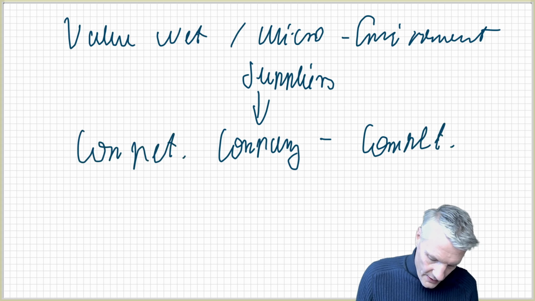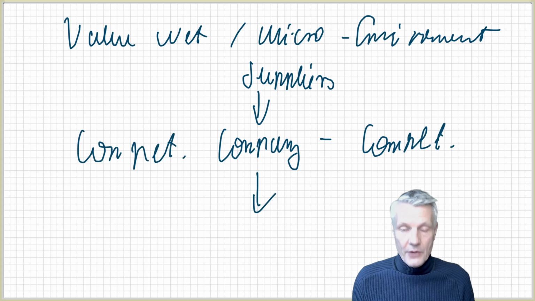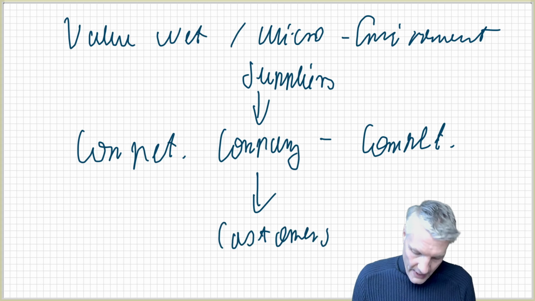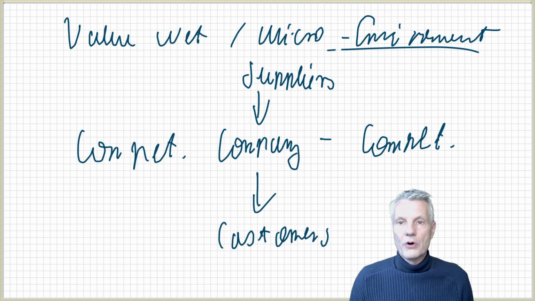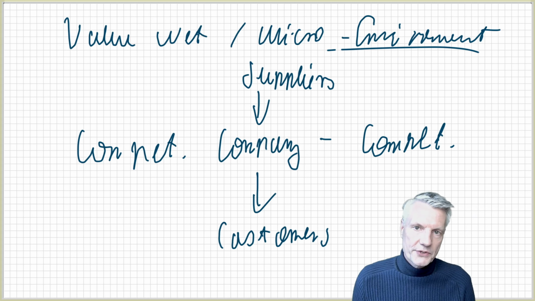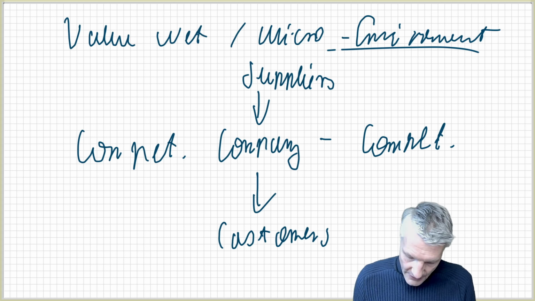This is the horizontal thing. And then, of course, I'm also having, hopefully, customers. And this is the microenvironment of the company. We are also influenced, of course, as a company by other stakeholders such as media and interest groups, for example, works council, stuff like that.